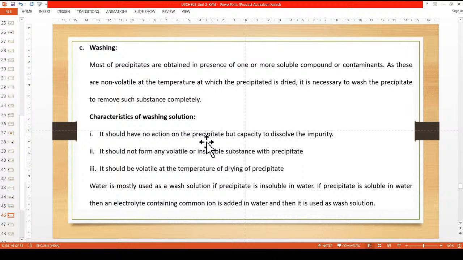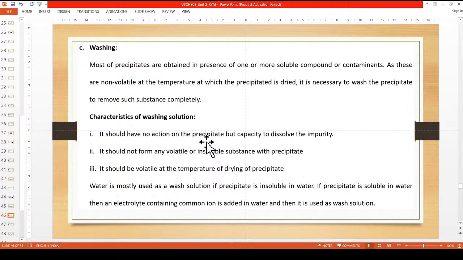So in order to remember, this is an important practical aspect. Washing solution को देते हैं, क्यों देते हैं precipitate को washing? Because to remove impurities, soluble impurities को remove करने के लिए, तो give some time for your washing solution to find out impurities in the lattice of the crystal.